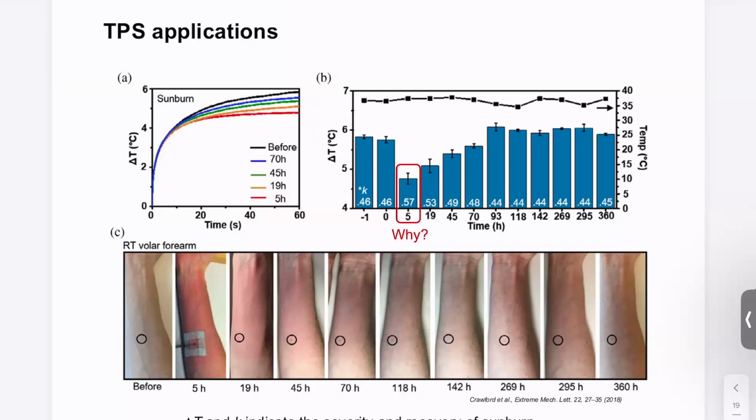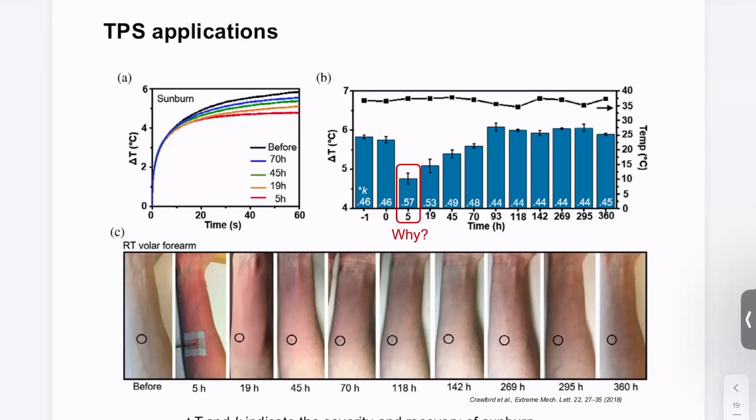Why a low temperature increase? After sunburn, because there's more blood, which means there's more water there. And how does that change thermal property? More water means higher diffusivity.